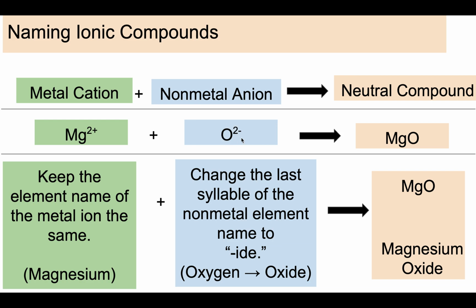This is where we make a change. Rather than calling it oxygen, as we did before, we're going to change the last syllable of the nonmetal element name to "ide." So oxygen, we lose the "gen" and we add "ide" to get oxide. We put those two together and the name becomes magnesium oxide.